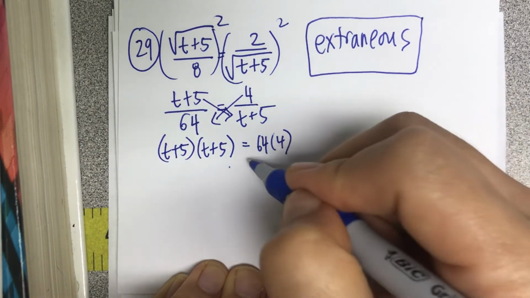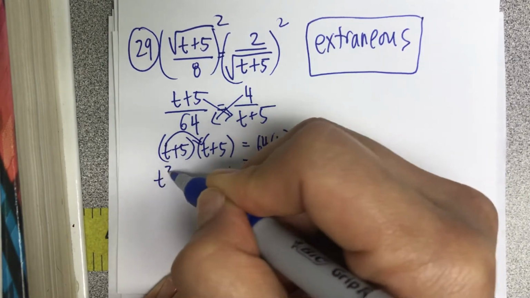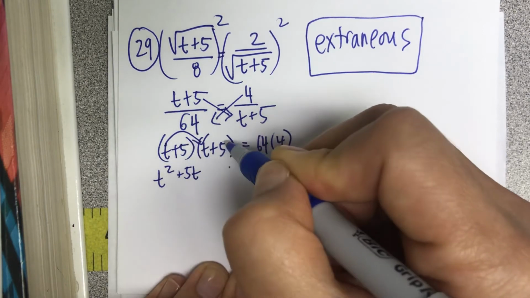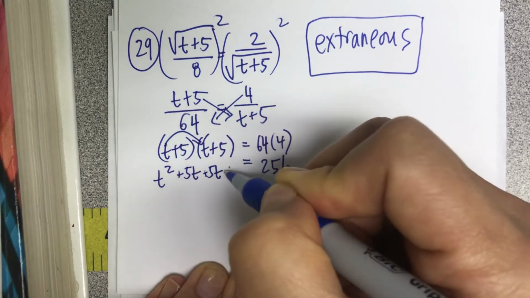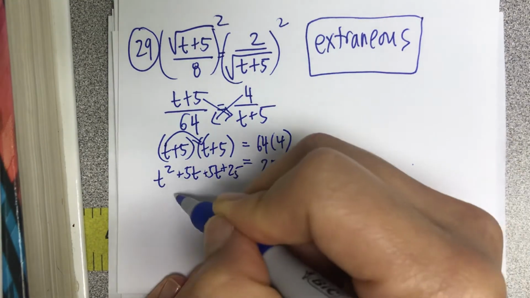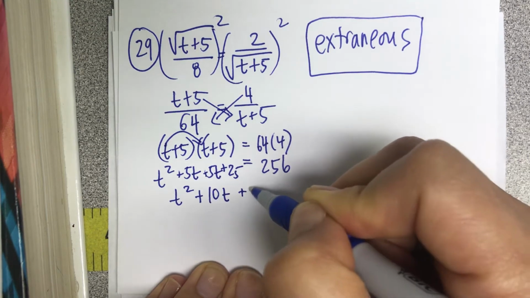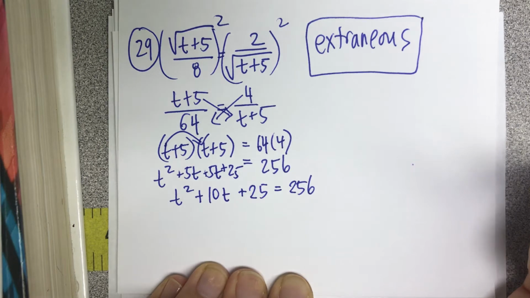Okay, 64 times 4 is going to be 256. And this right here is going to be t squared, and then plus 5t, plus 5t, and then that is going to be plus 25. So it's going to be t squared plus 10t plus 25 equals 256.